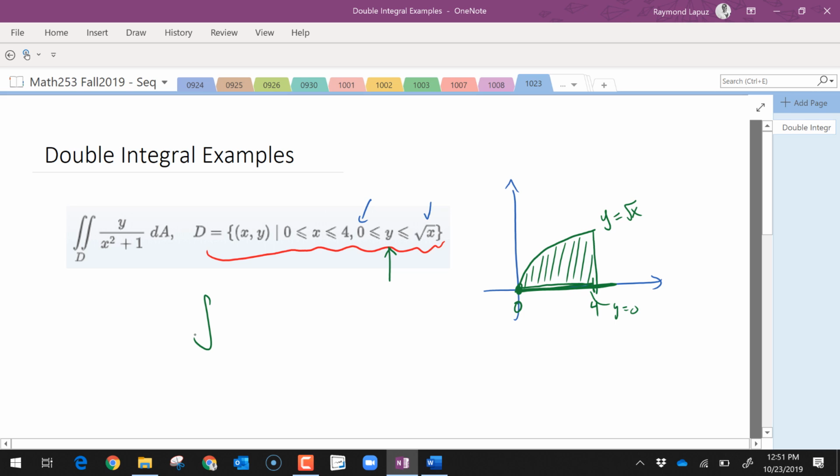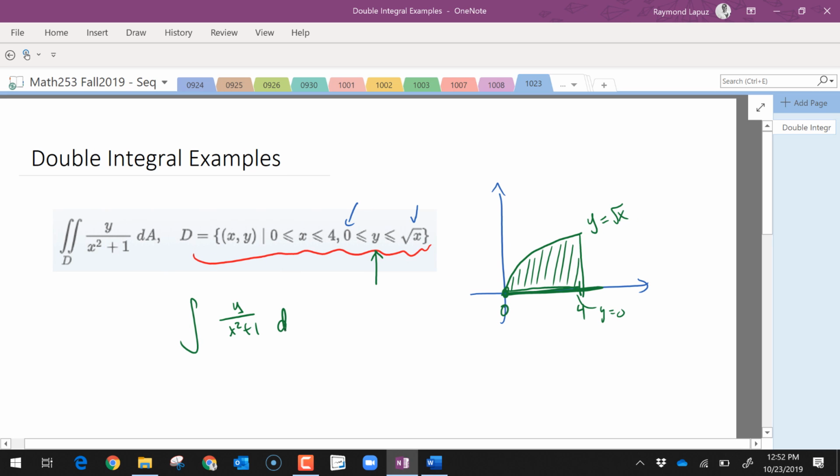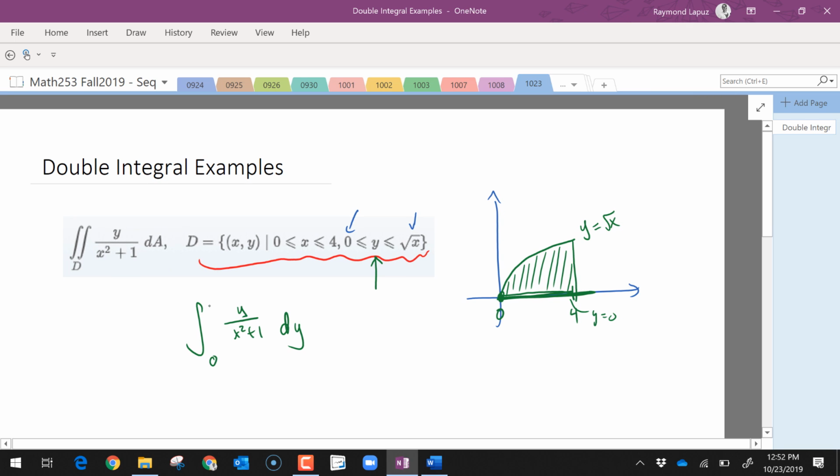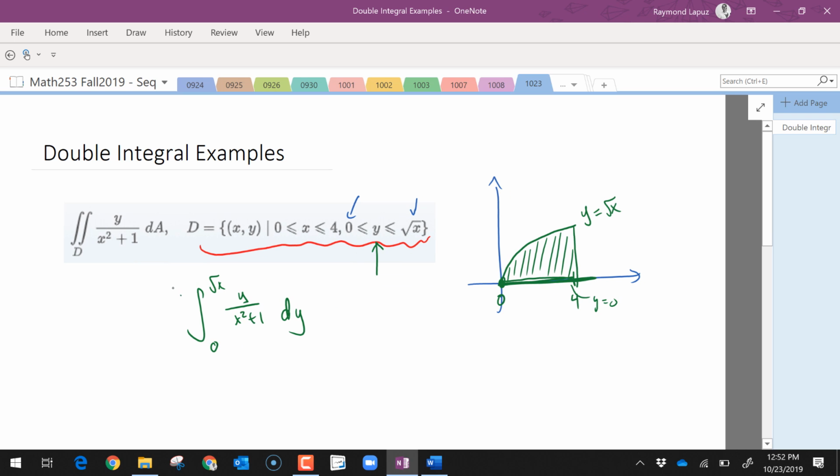Inside my iterated integral, I would have the function that I'm integrating, y divided by x squared plus 1. And then I'm going to integrate this with respect to y first, and the y goes from 0 to square root of x. And then on the outer integral, I would integrate with respect to x, and my limits for the x are 0 to 4.